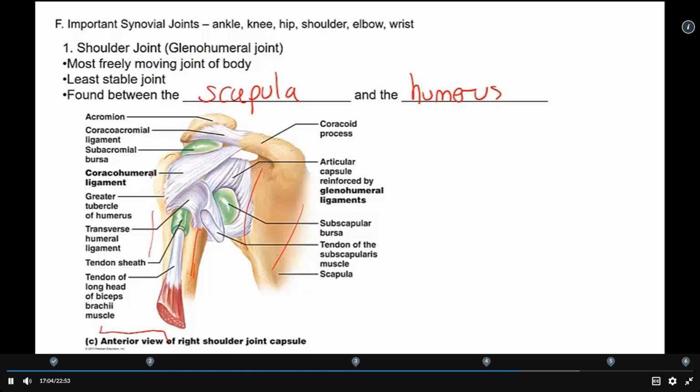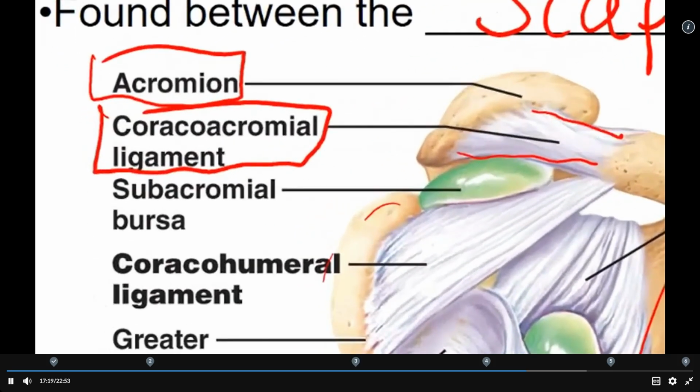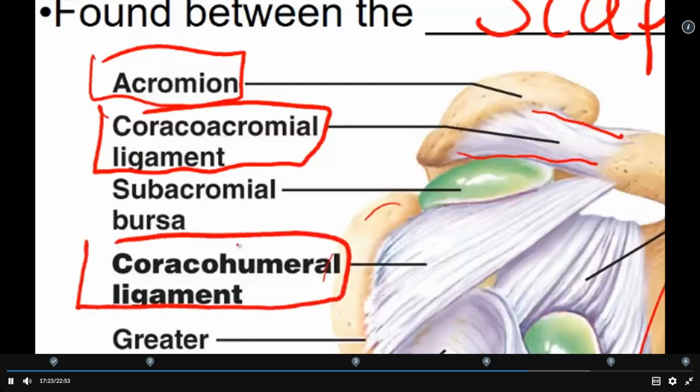For example, this ligament right here is called the coracoacromial ligament, and that's because it is attached to the coracoid process of the scapula on one end, and the acromion of the scapula on the other end.